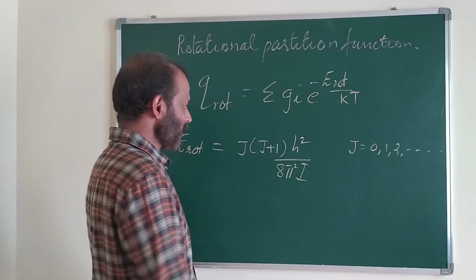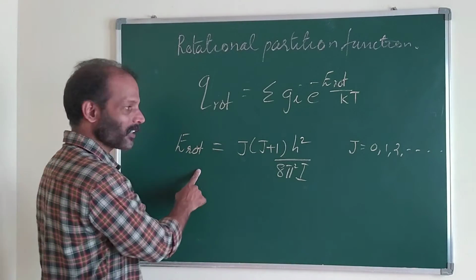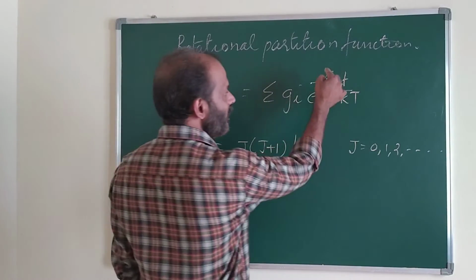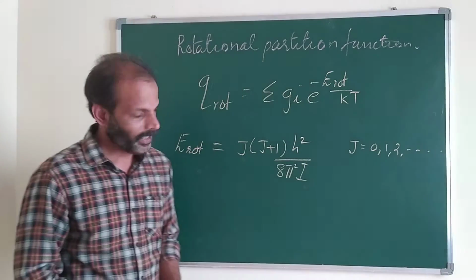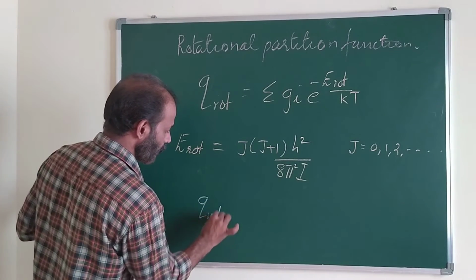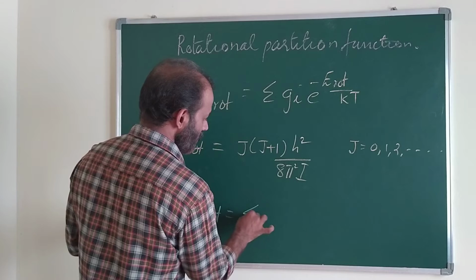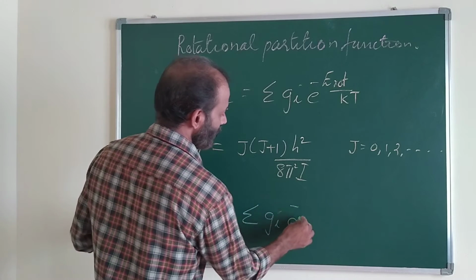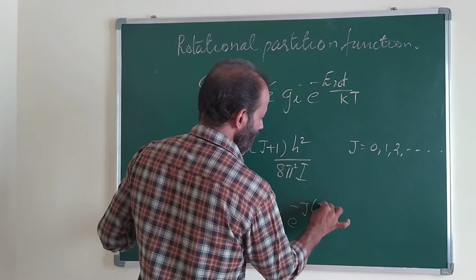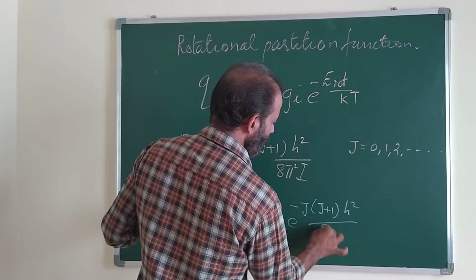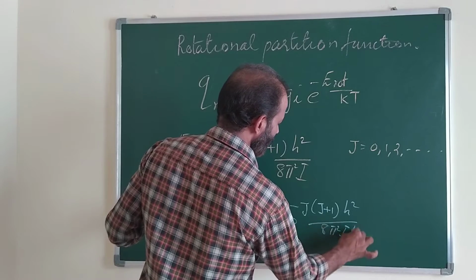So this is the equation for the rotational energy of a molecule. We are substituting this value in the equation, and we get q rotation equal to sigma g_i e raised to minus J into J plus 1 h square by 8 pi square I k T.